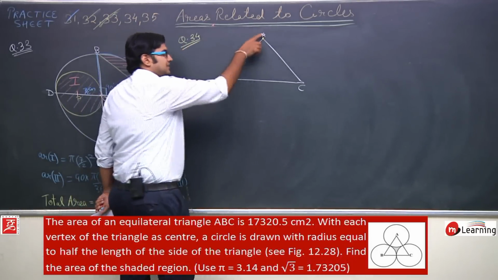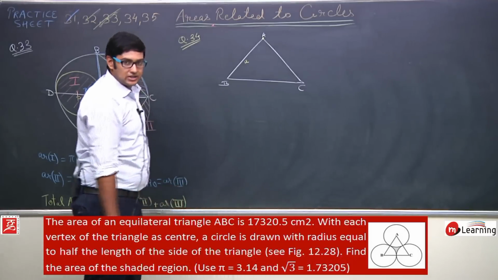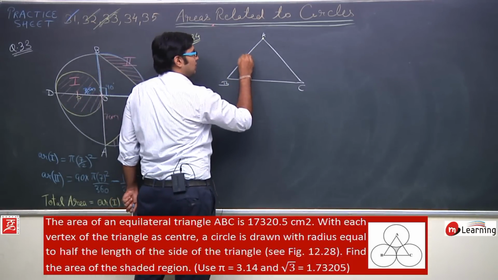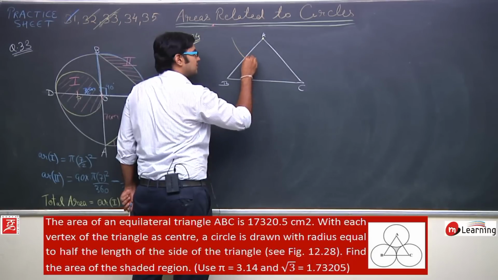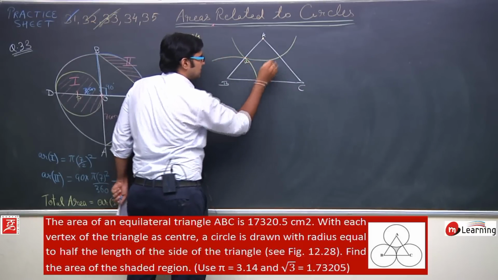Let us say the side of this triangle is A centimeters. If the side of this triangle is A centimeters, then I have drawn 3 circles like this.